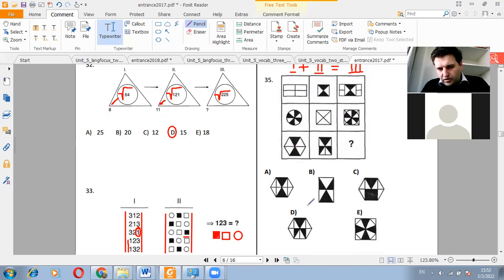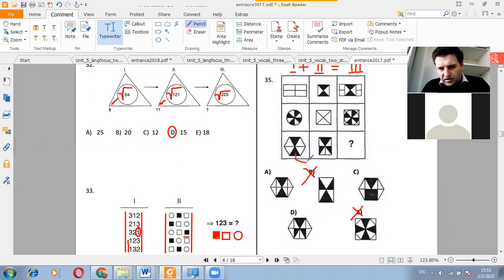So the choice would be, it cannot be E, it cannot be B. So it's either A, C, or D. And you just take a look at the black and white triangles. So if you take a look at the down part here, you'll see that at the end, the whole is going to be a black rectangle.